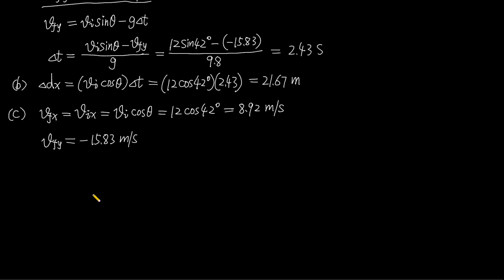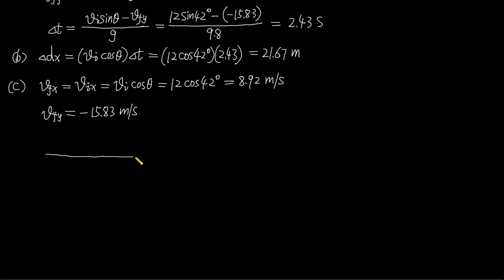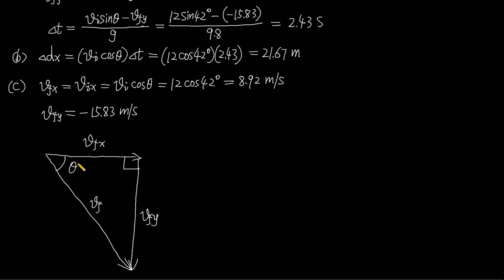Then I draw them. This is the final horizontal velocity, and this is the final vertical velocity. And this is just the final velocity. This is a right angle, and this angle is theta.